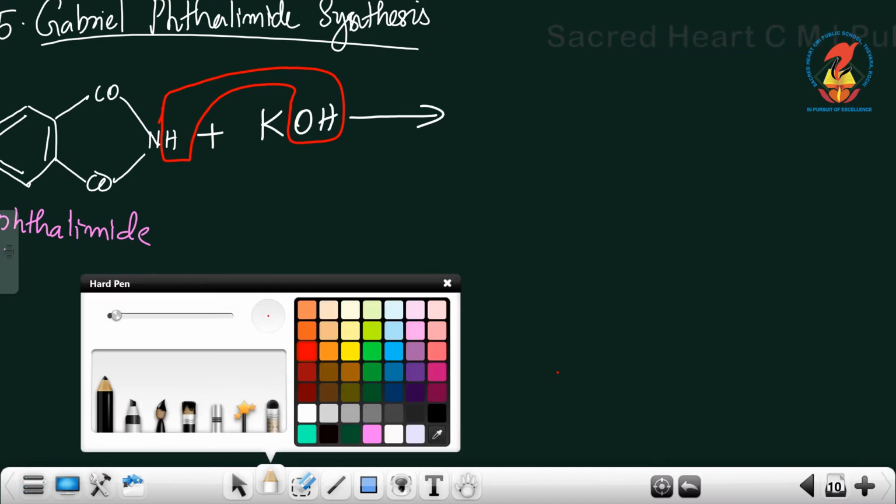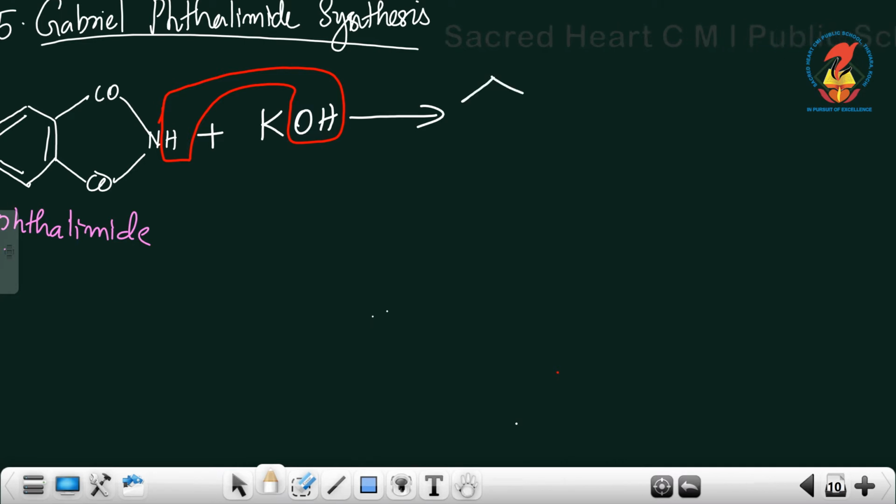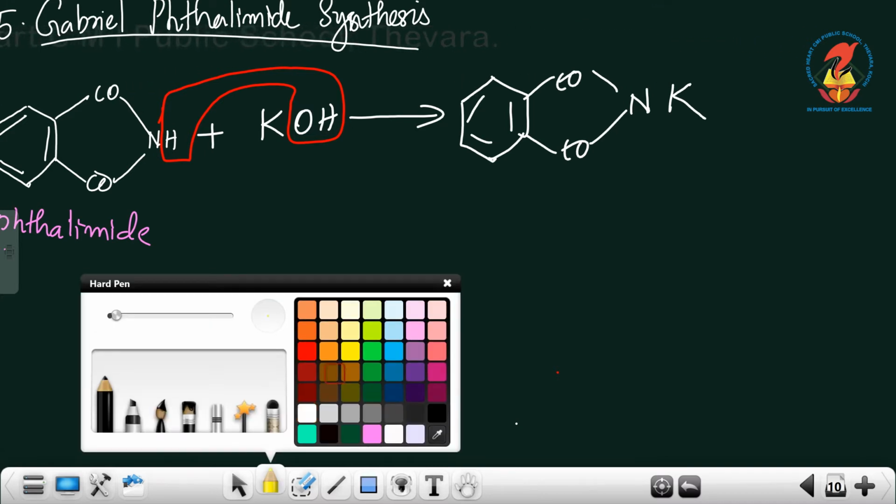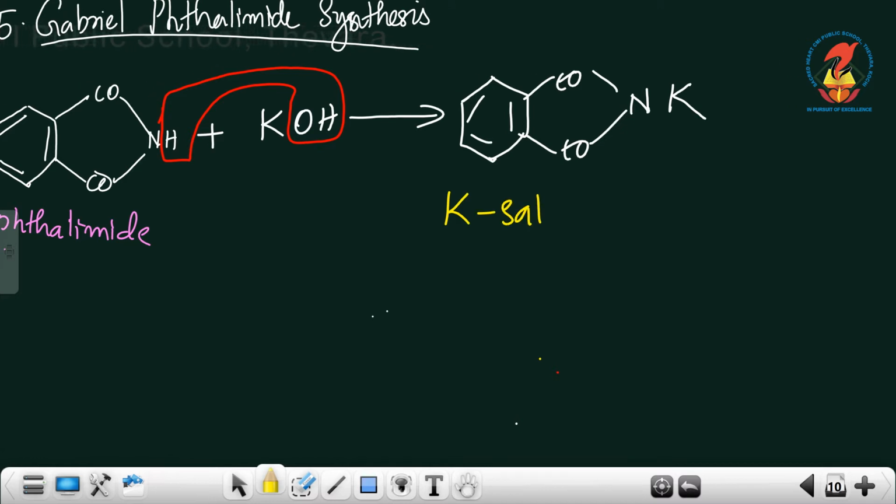So what we are getting here is the structure we can copy from the previous one. Benzene ring, no change. CO, CO, no change. Now this NH will become NK. And this product is known as the potassium salt of phthalimide. Phthalimide, NH now became NK. We can call it the potassium salt of phthalimide.